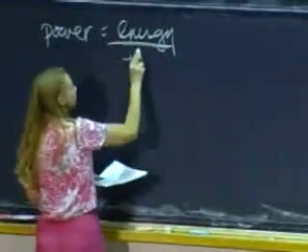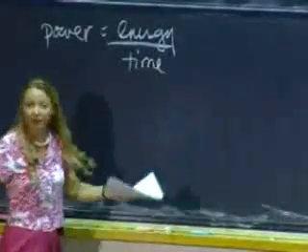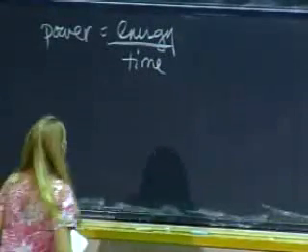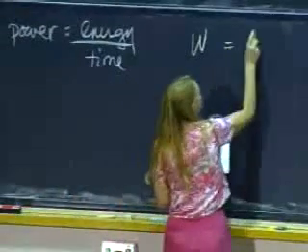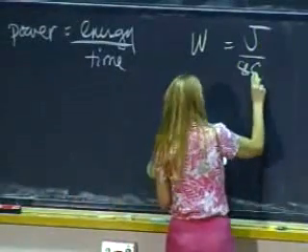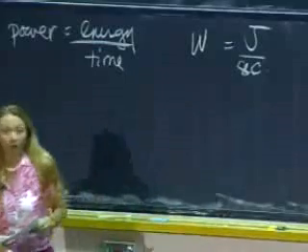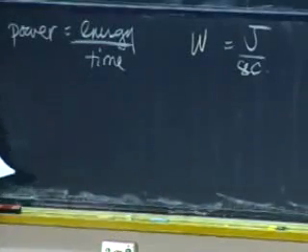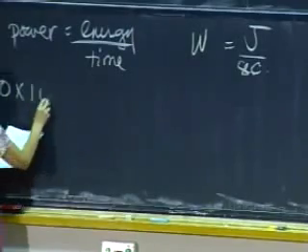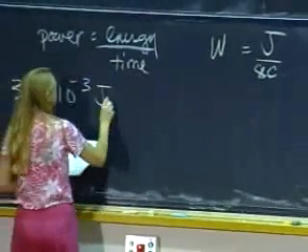It's the energy delivered or the energy expended per unit time. The unit of power that we're going to use is a watt. A watt is a joule per second. Right? So we're told that we have radiation of 3 milliwatts. That's 3.0 times 10 to the minus 3 joules per second.